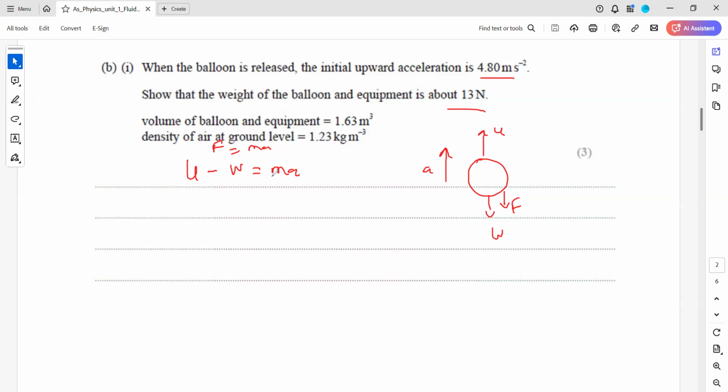So upthrust minus weight is equal to ma, and we want to work out the weight. So upthrust minus ma is equal to weight. How to work out the upthrust? We know the upthrust force is equal to density of the fluid, volume of the object, and gravity.